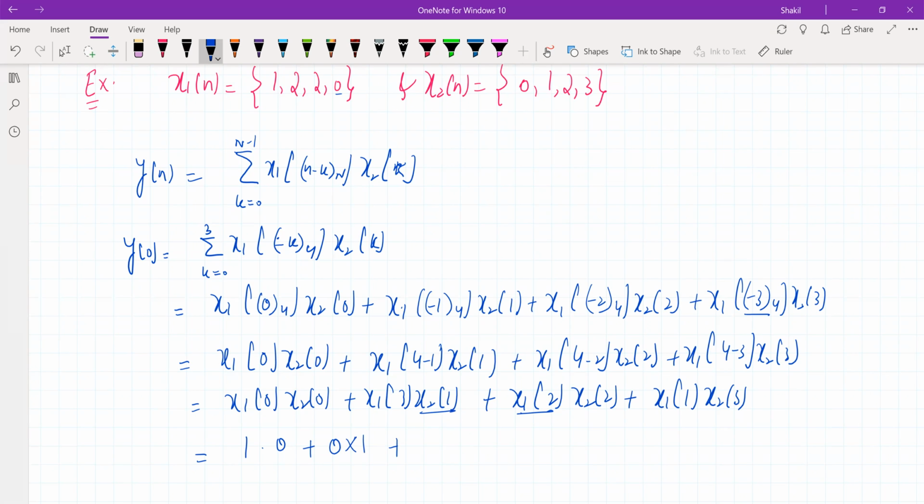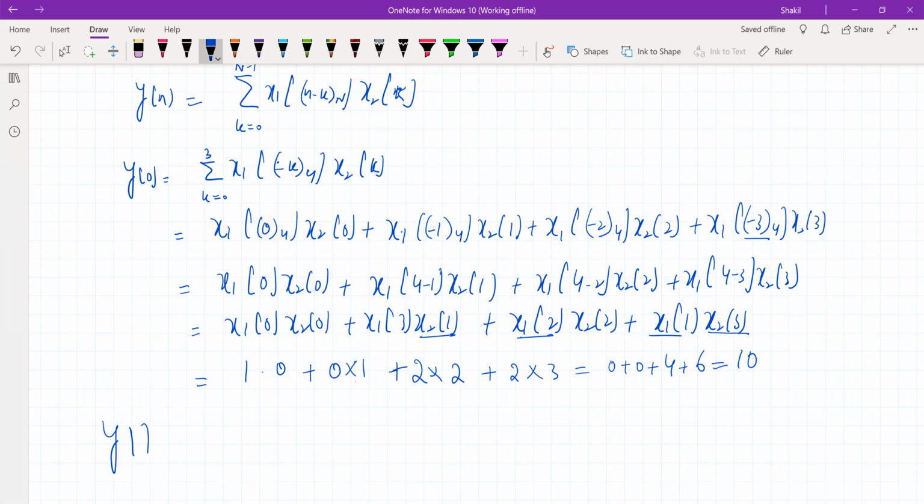Then x1 of 2 is 1, multiplied by x2 of 2, which is 2. Plus x1 of 1 is 2, multiplied by x2 of 3. So this is 0 plus 0 plus 4 plus 6, which is 10.